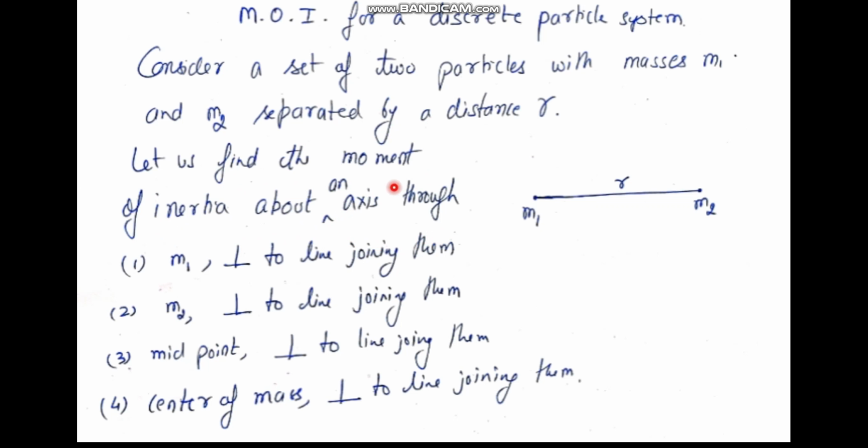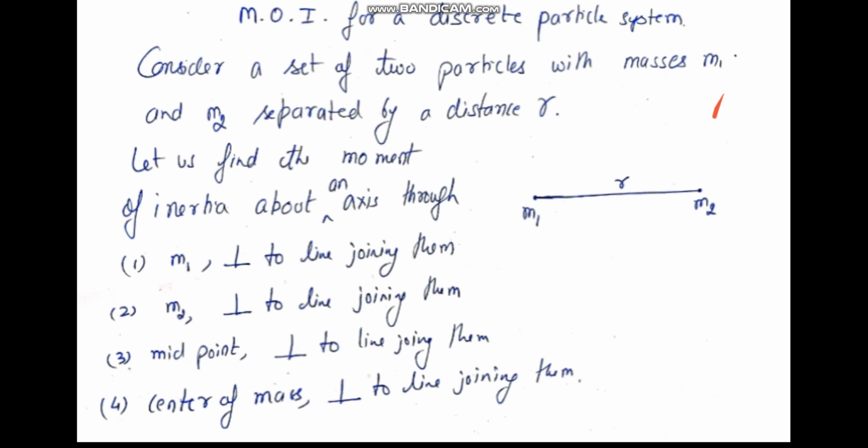So we want to find the moment of inertia about an axis through first particle m1 and perpendicular to the line joining them. So this is the axis of rotation. In second case, it is moment of inertia about m2 and perpendicular to the line joining them.